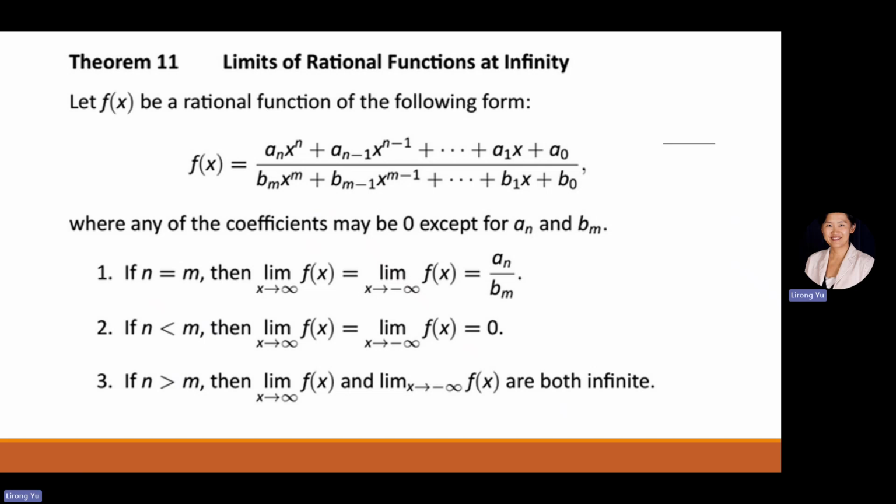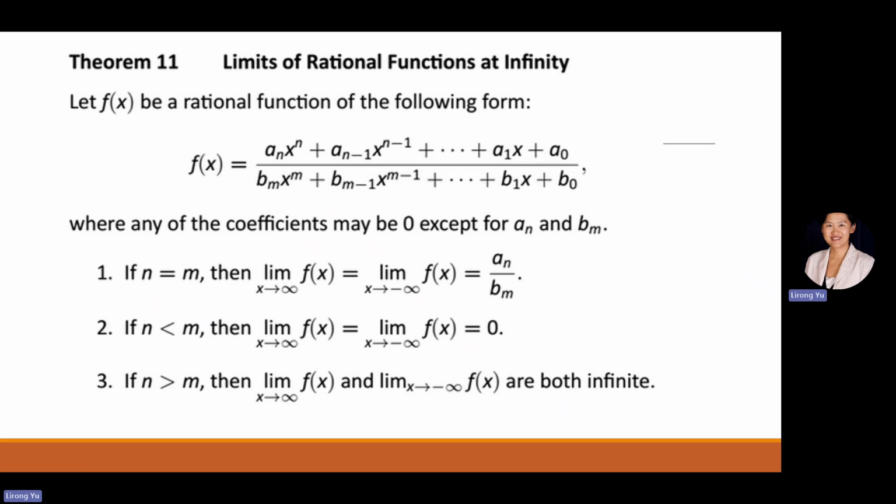So you take that one over this one. The power is the same, so it cancels. Again, all the other terms don't matter anymore, because when x is approaching infinity, the terms with small power are relatively small compared to the ones with high power. We only want to compare the largest terms because we're looking at behavior at infinity.